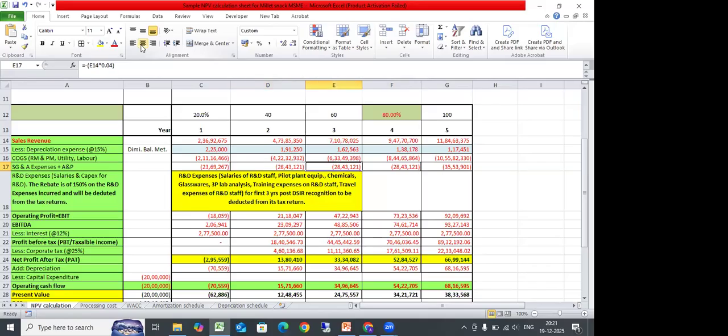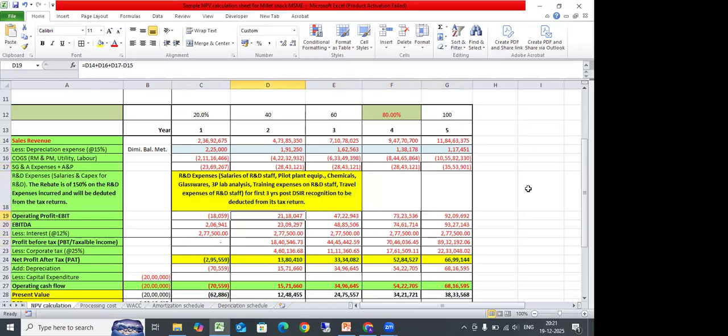If you add all 5 years of your SG&A expense, in the fifth year you will be at somewhat 35 lakhs 53,000 as your SG&A. You have to take care of that.